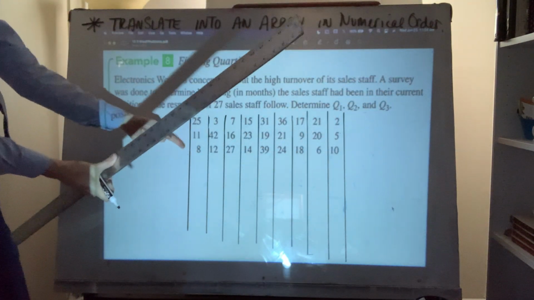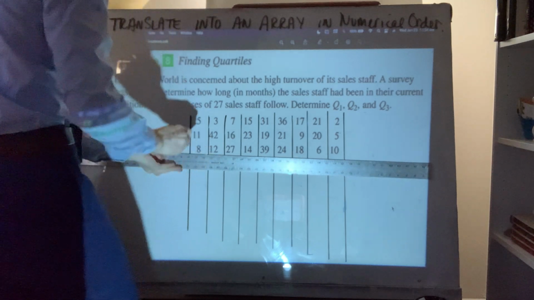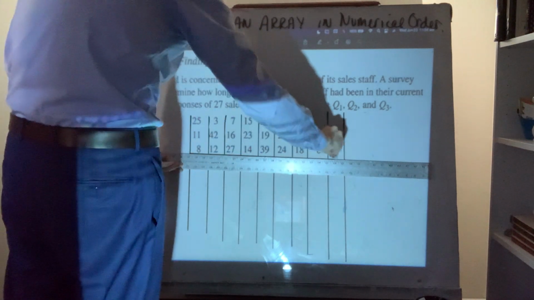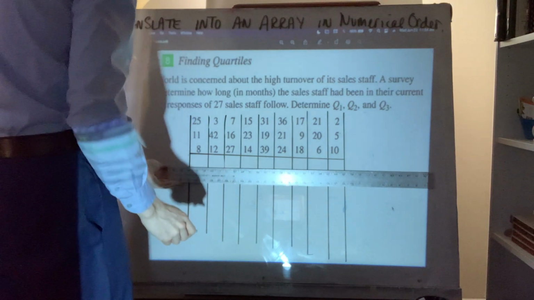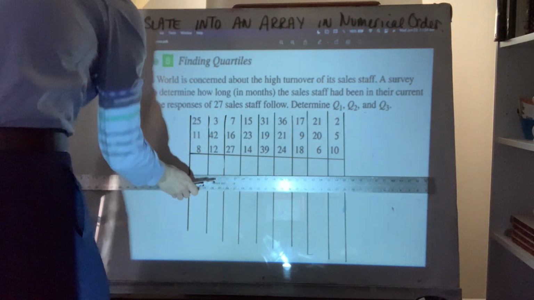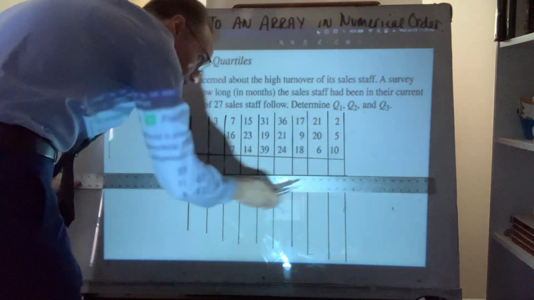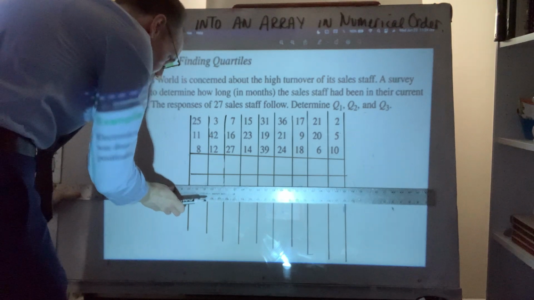Now there's 3 rows as well, so I'll make 3 of my own, and I'll just cut it off here. Let's see, is it parallel? It's as close as it's going to get. I have a little bit of a shadow, unfortunately.